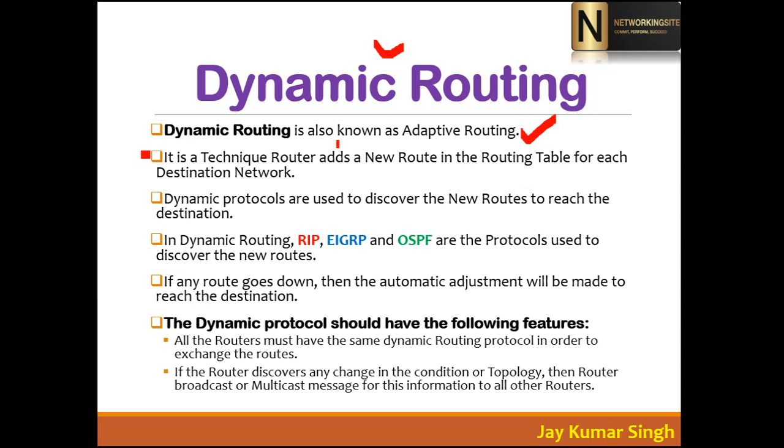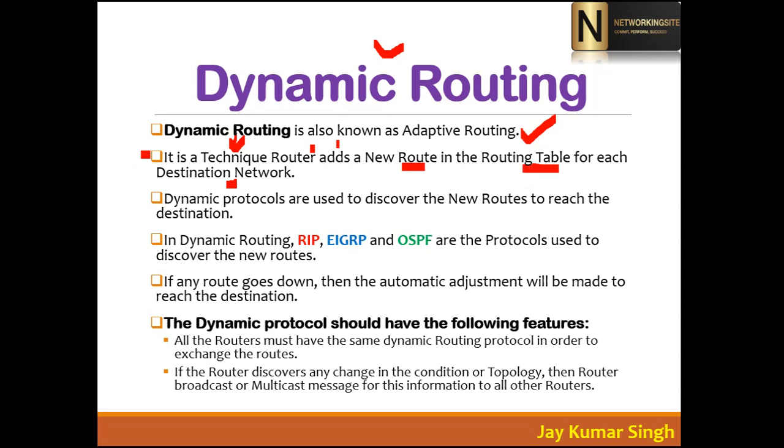Okay, a router adds new routes in the routing table for each destination network. So in dynamic routing technology, the router adds a specific route towards the destination in its routing table.